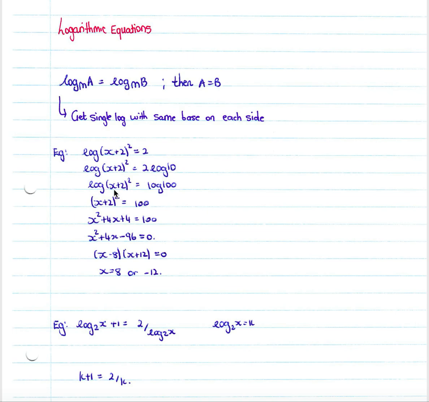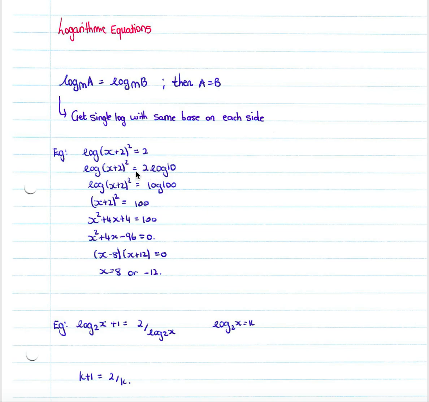So in this case, we now leave the left-hand side because we've got a base of 10. And on the right-hand side, we've also got a base of 10. However, this 2 is a problem. We need one logarithm, not a logarithm with a constant. So we know from our law where this is a constant that we can raise it to the exponent.